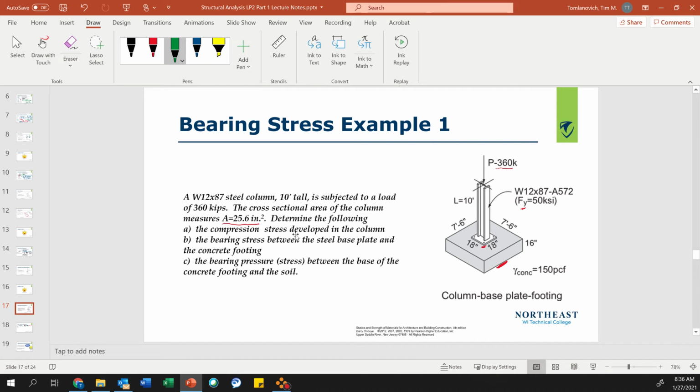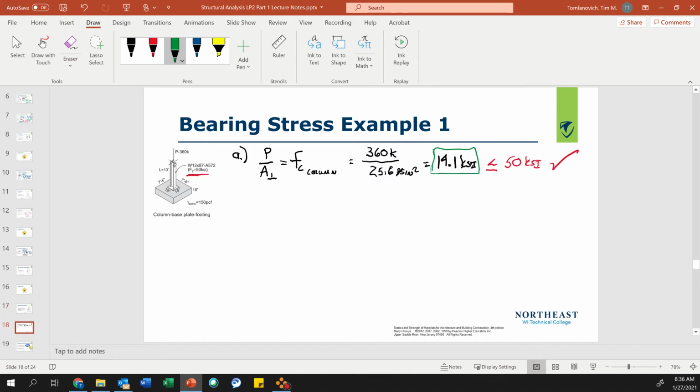The bearing stress between the steel base plate and the concrete footing. Okay, so that's right there. All right. So we have 360 kips, but we also have this weight of the steel.